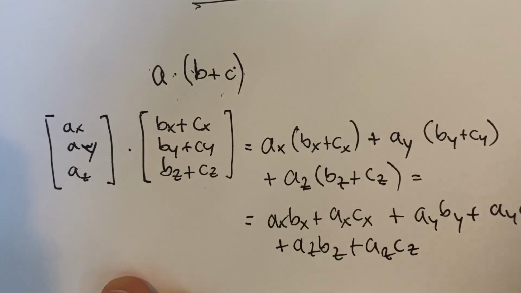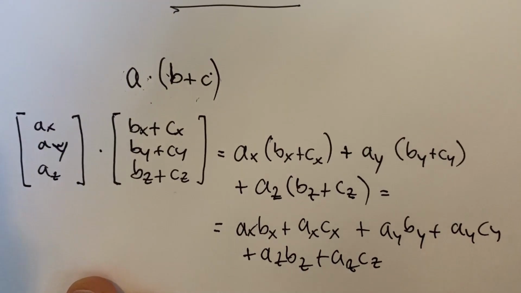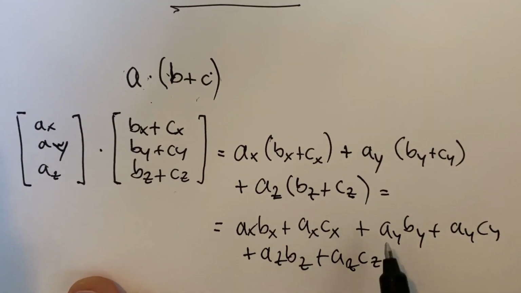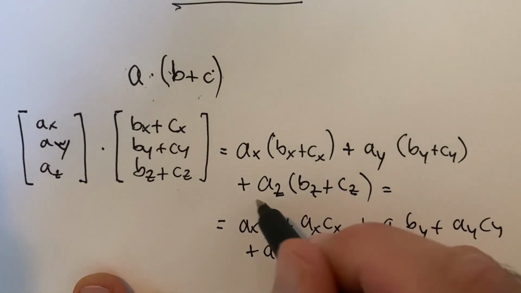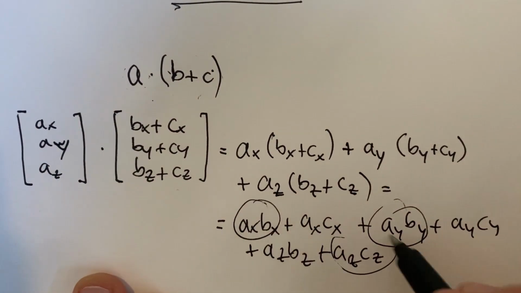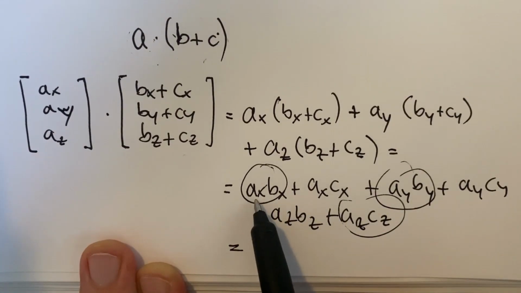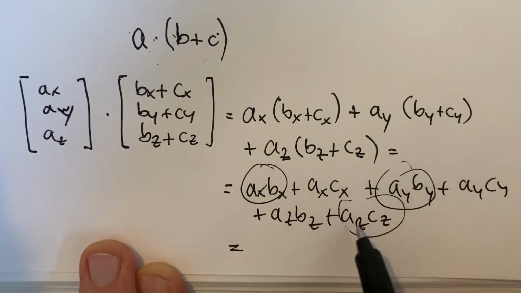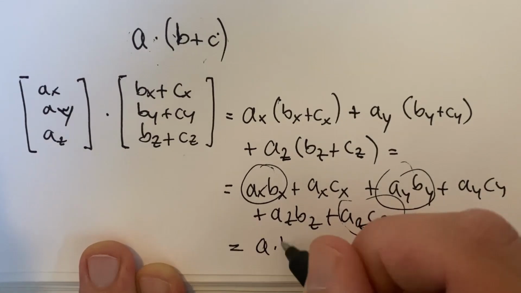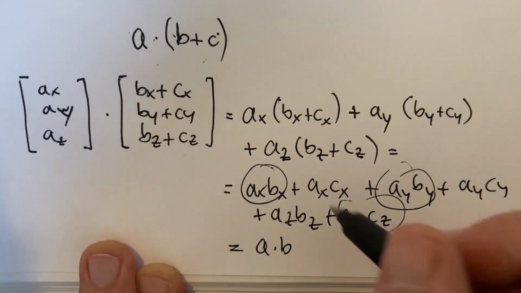And you're going to quickly notice what you have here. You can easily write, well, this is ax bx plus ay by. It's basically a dot product between a and b.